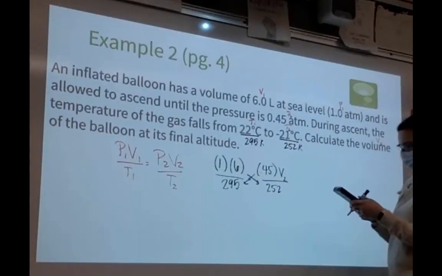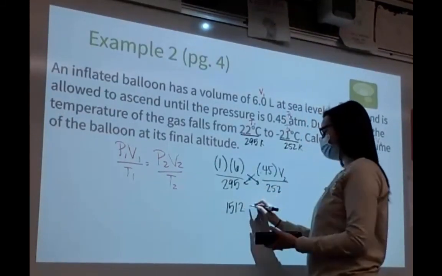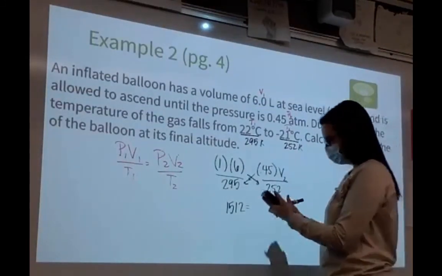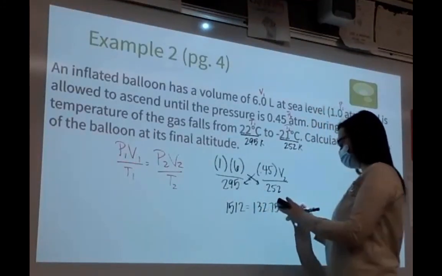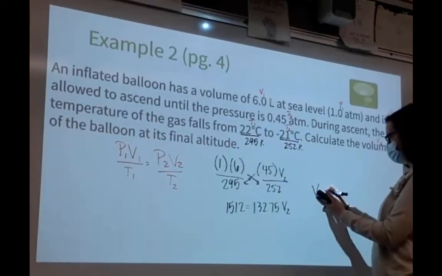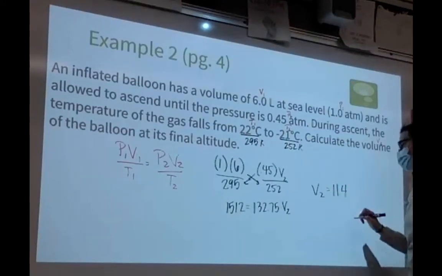So 6 times 252. I'm writing down extra work just so you guys can see how I'm getting the answers. 295 times 0.45. So 1,512 divided by 132.75 gives us a volume of 11.4.